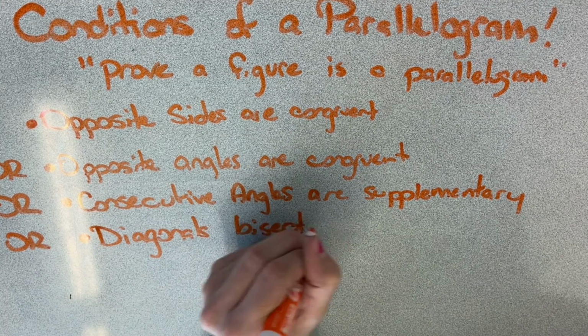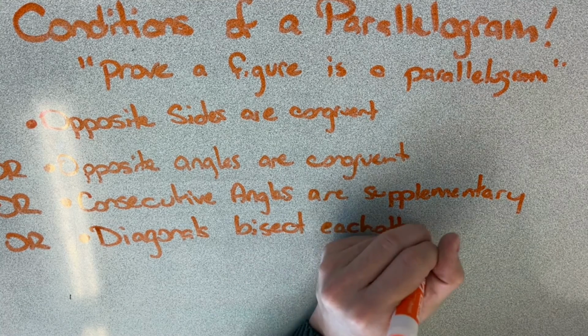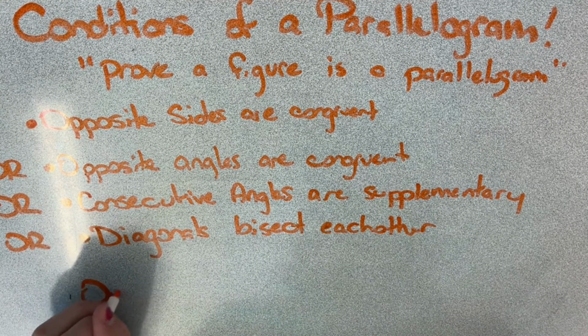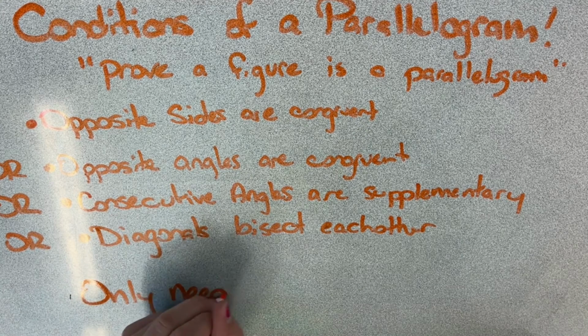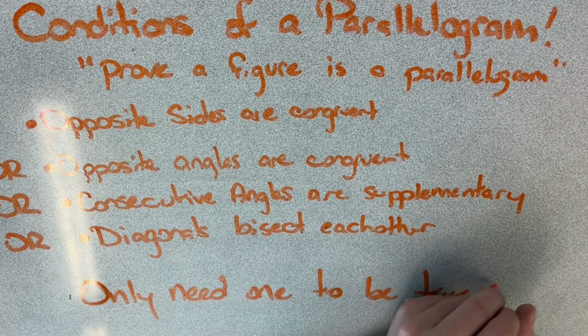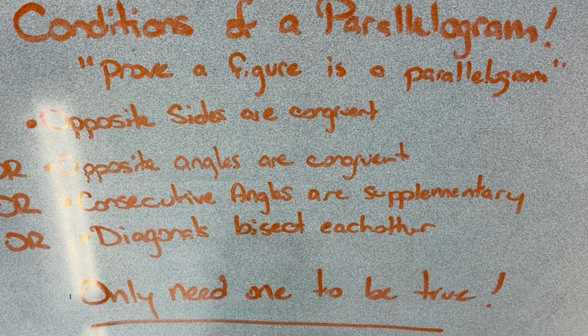So these should look very familiar. These are our properties of parallelograms. Turns out that they are enough to show a figure is a parallelogram, but you only need one. If a quadrilateral has any one of these properties, it has all of the other three.